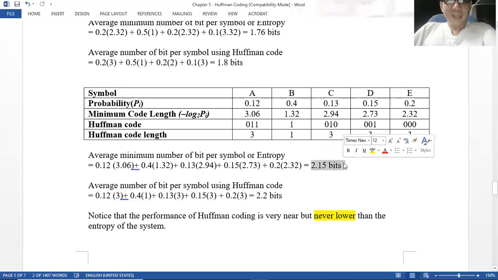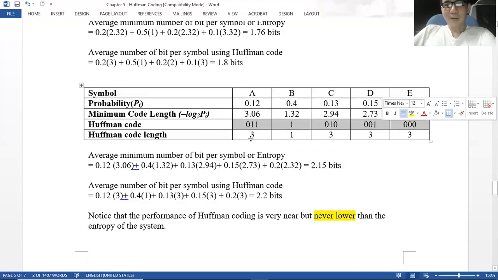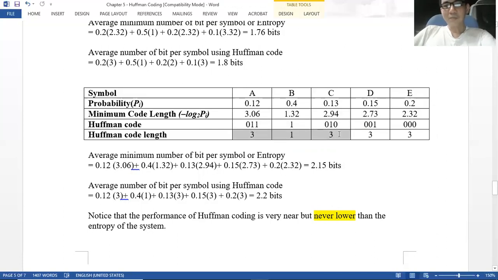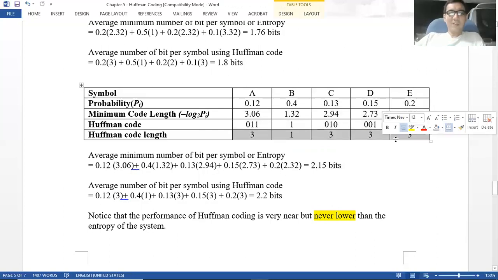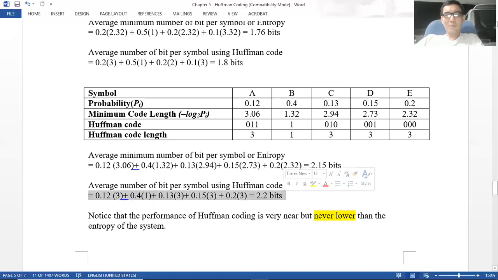Then if you compare that with the Huffman code, these are the Huffman code lengths: 3 bits, 1 bit, 3 bits, 3 bits, 3 bits. You multiply the code length with their probability, and you get 2.2. So again, you will find that this Huffman code could be close to entropy, and that is what Huffman code is designed for, so that we can achieve as close as possible to this entropy.